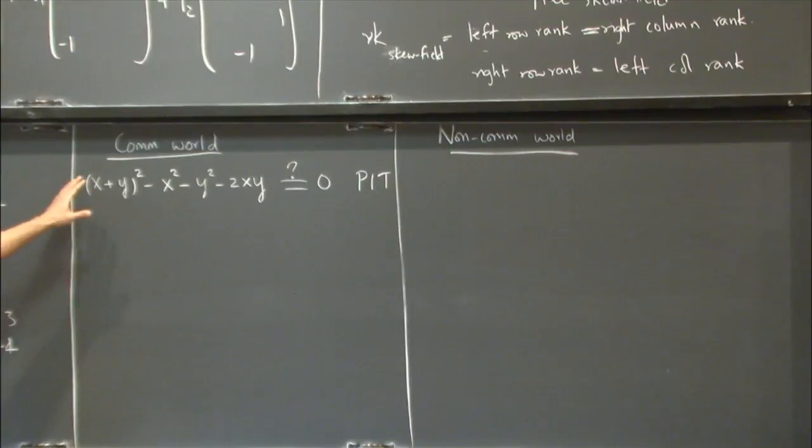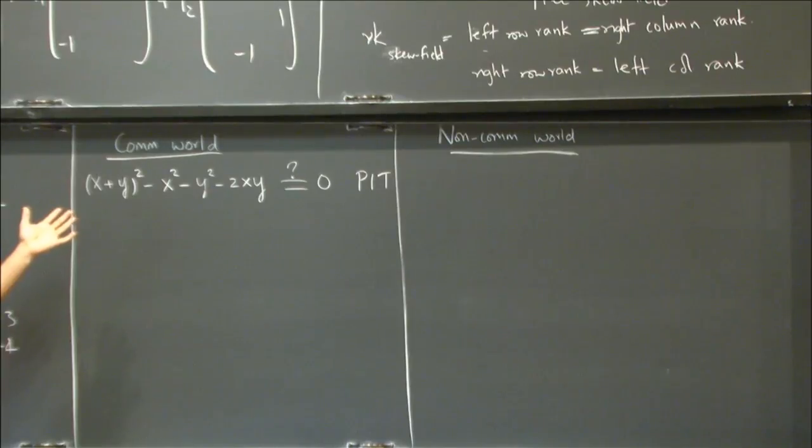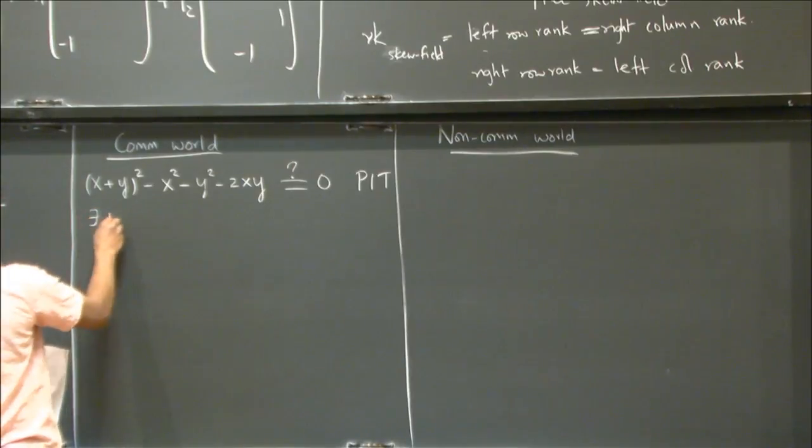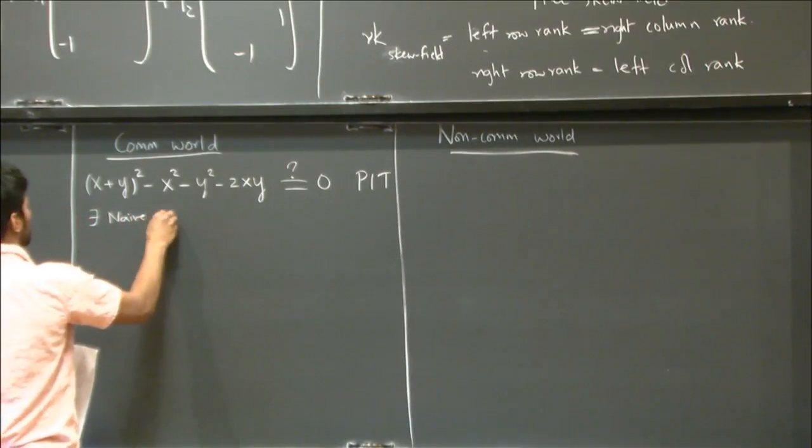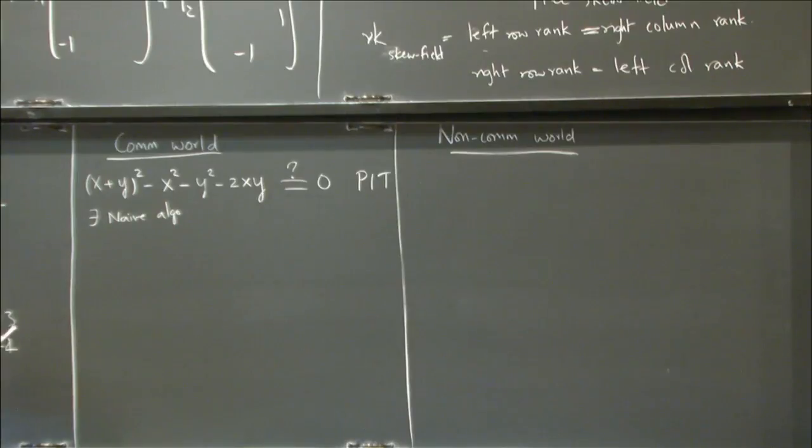This is given as some circuit or formula or whatever, and asks you whether it computes the 0 polynomial or not. And how might you do it? Most naively, forget about efficiency. Just expand it all out and see that every monomial has coefficient 0. So there exists a naive algorithm.